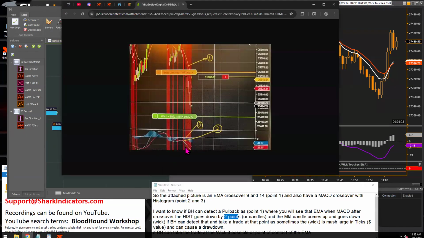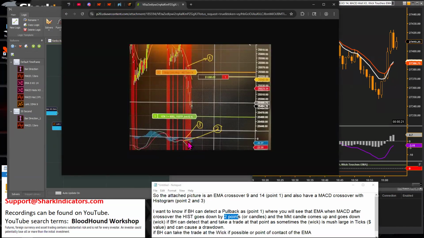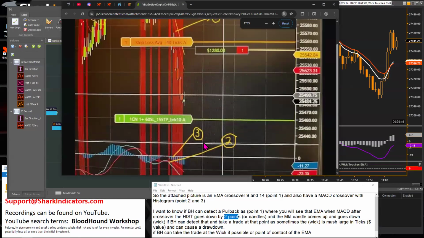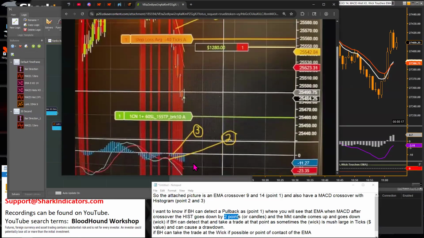Let's go to this screenshot here. I wonder if we can zoom in? There we go. We can see here that when the signal line crosses the MACD line, that is when the histogram crosses as well.